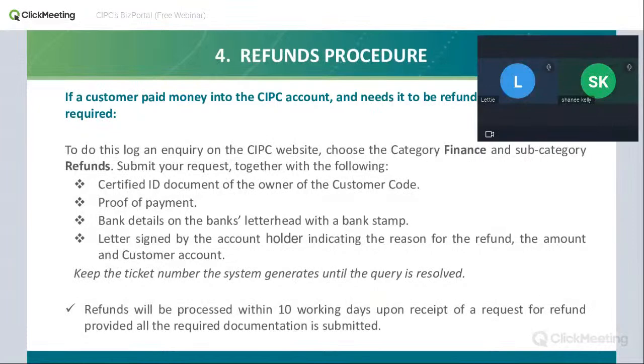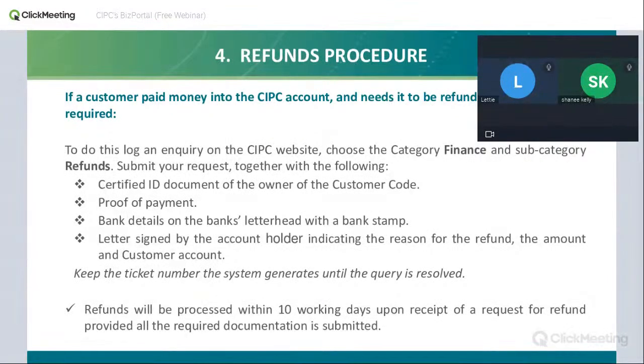Submit your request together with the following documentation: certified ID copy of the owner of the customer code, proof of payment, that's your deposit slip, bank details on the bank's letterhead with a bank stamp, a letter signed by the account holder indicating the reason for the refund, the amount, and customer code.